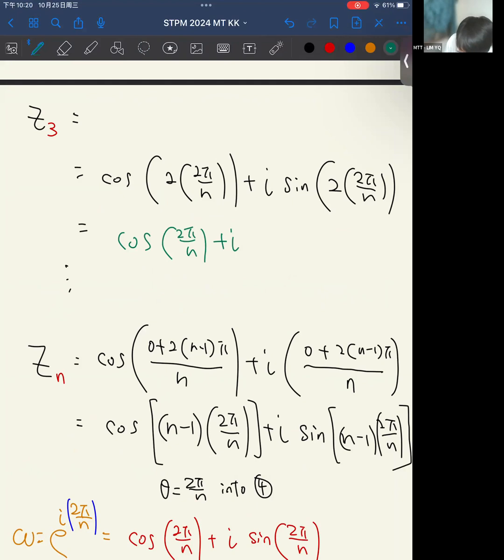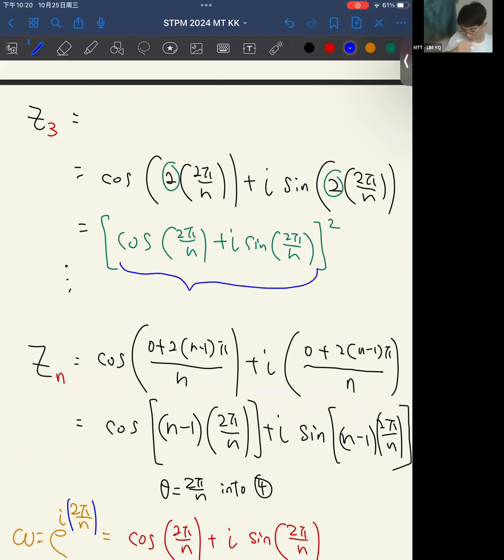So cos 2 pi over n plus i sine 2 pi over n, like this, right? You can factor the 2 out. Why? By using, again, De Moivre's theorem, the power one. Okay, here is 2, here is 2, so you bring the 2 out. Okay, what is the inside part? Inside part is exactly your W, right? It's your W. So this whole thing becomes W squared.